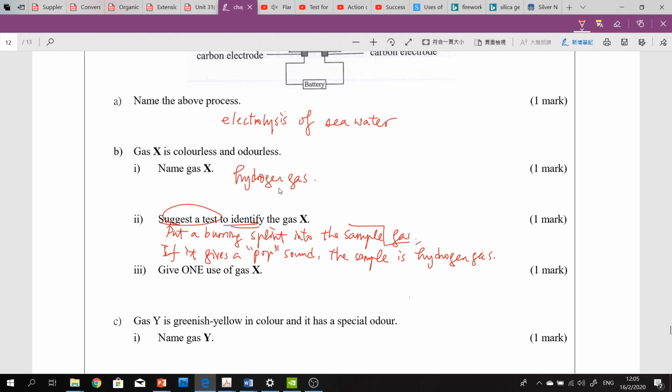And could you please suggest one use of gas X? Yes, that's right, to act as a rocket fuel, for example. You have to memorize one of the examples, right? I just memorized this one.